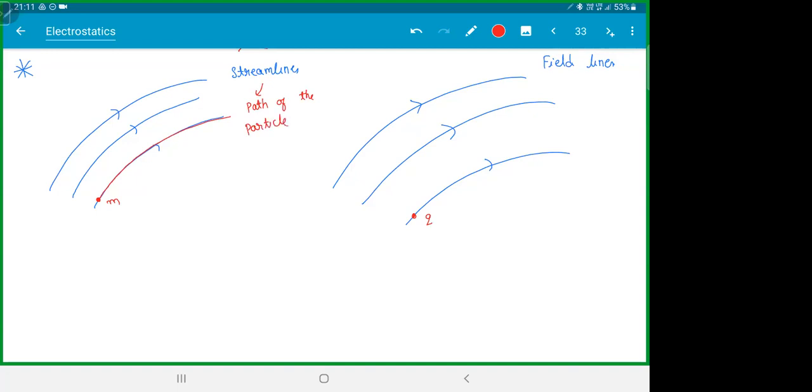What is a field line? A field line is the direction of force, right? It is not the path. That means the moment you place the particle here, which way is the force? The force is this way, no? So which way will the particle go? The particle will actually go in a straight line like this. Once it reaches here, what is the force's direction now?